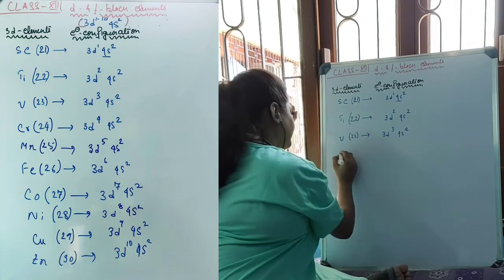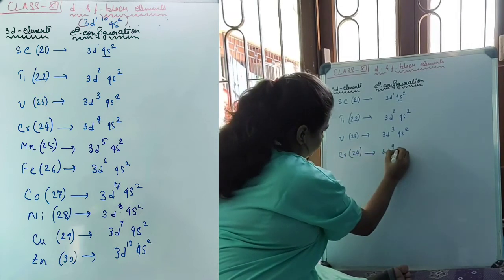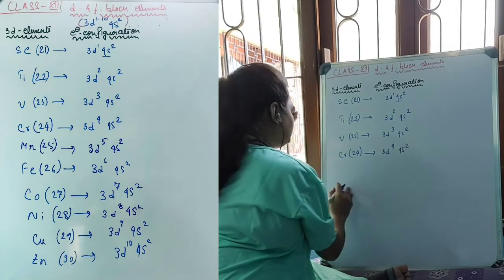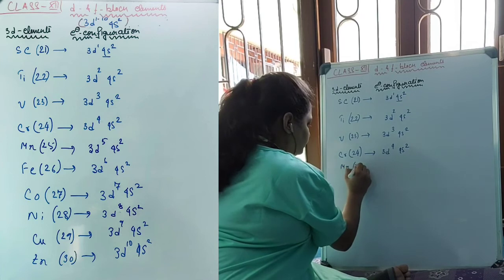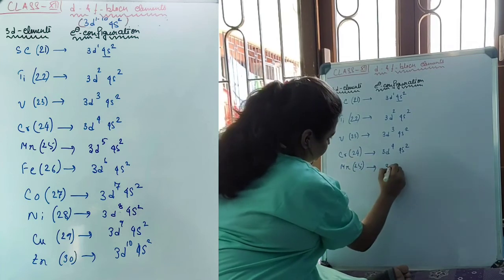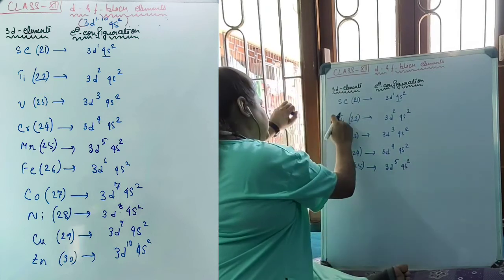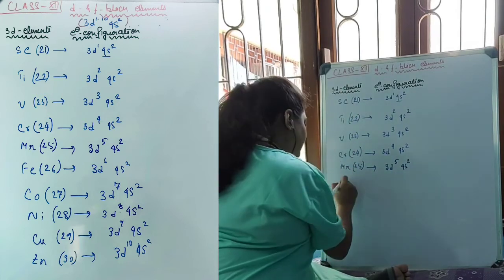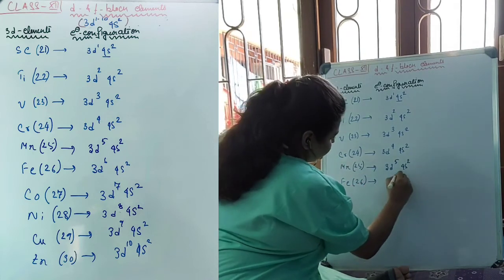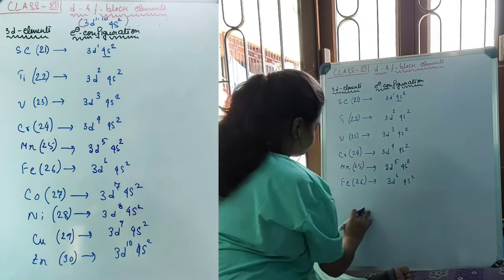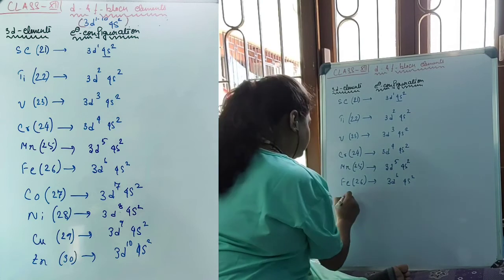Then chromium, 24, 3d4 4s2. Then manganese, 25, 3d5 4s2. Then iron, 26, 3d6 4s2.